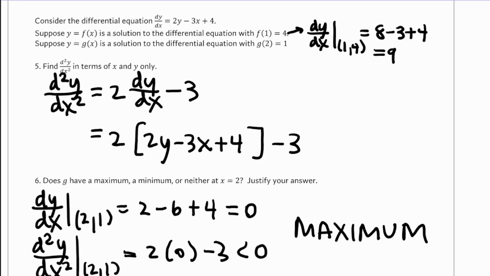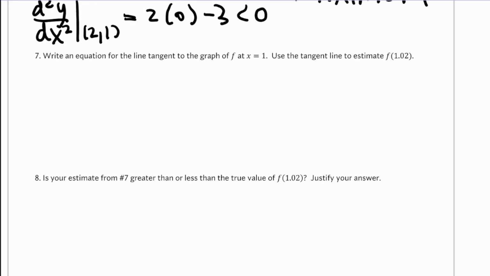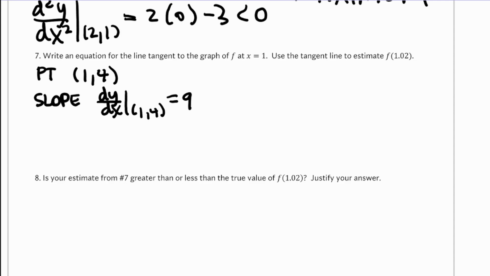That looks like 9. Yeah, 12 minus 3, that's 9. So 1 and 4 is my point, and my slope is that dy dx at 1 and 4 is equal to 9.